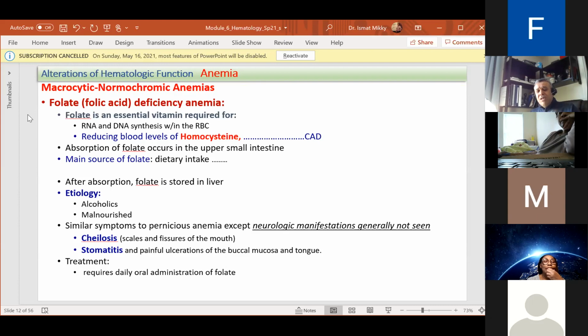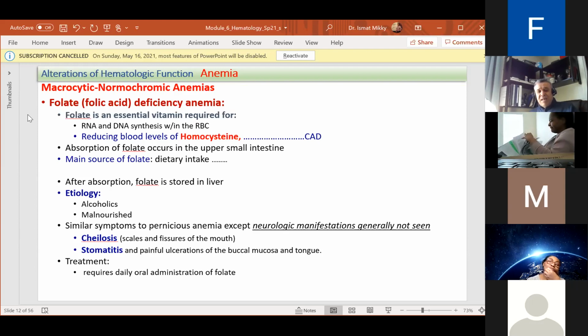The main source of folic acid will be from food, so dietary intake. Daily intake, we need at least like 50 up to 200 milligrams per day. The folic acid is different than vitamin B12, because B12 depends on the intrinsic factor.